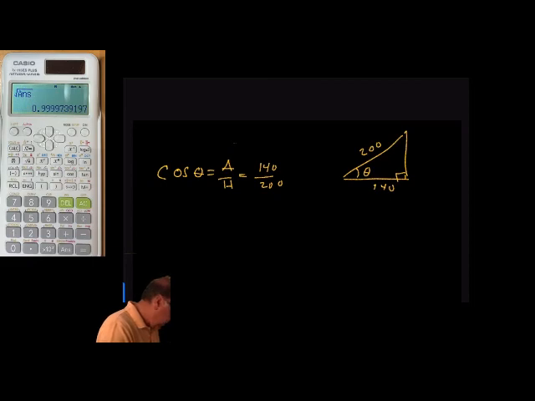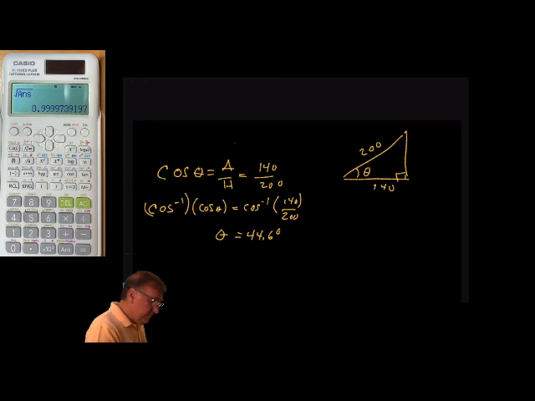So if we use the inverse of the cosine to solve this problem, theta equals cosine minus 1 of 140 over 200. So theta equals 45.6 degrees. And you could try that in your calculator.